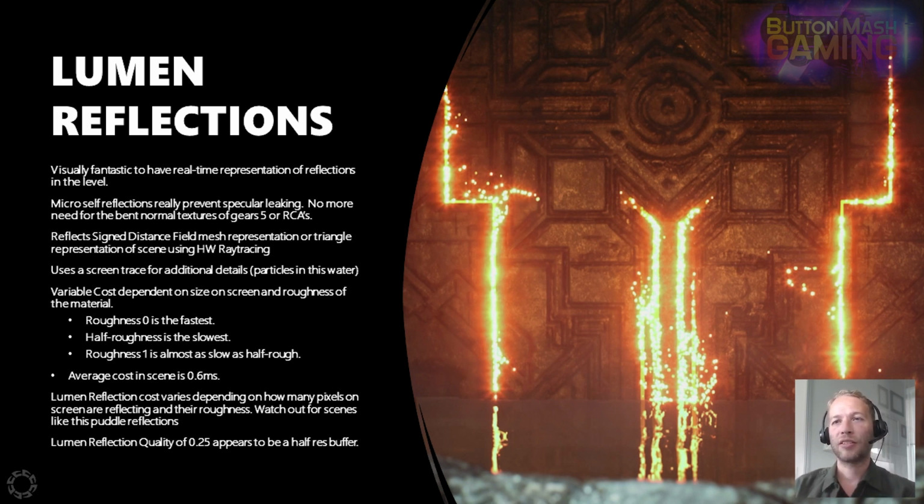So we did find that semi-rough reflections are the most expensive Lumen reflections, and crystal clear reflections are a bit faster than those. And so in this scene here, the Lumen reflection cost is 0.6 to reflect this water here. So it just kind of scales around.